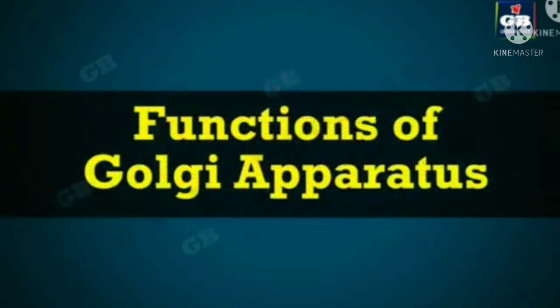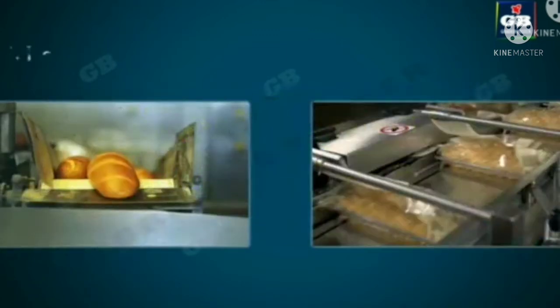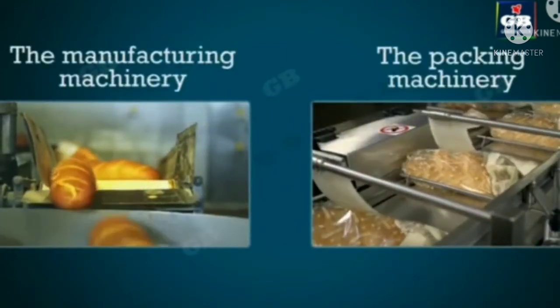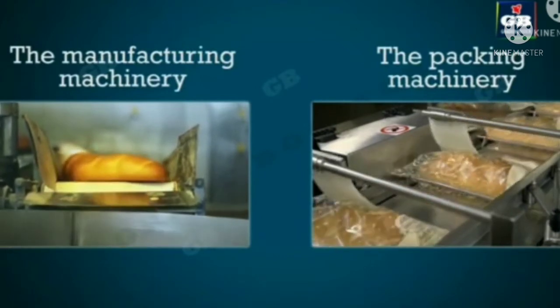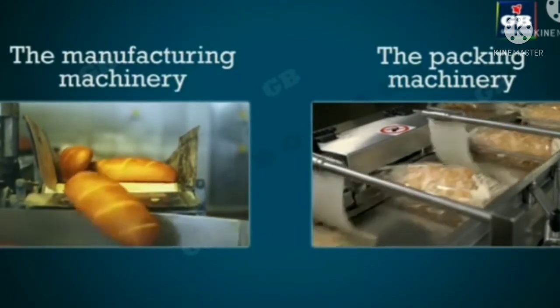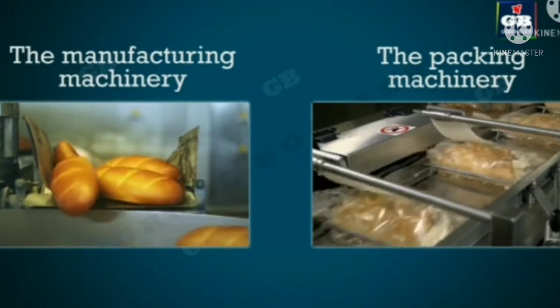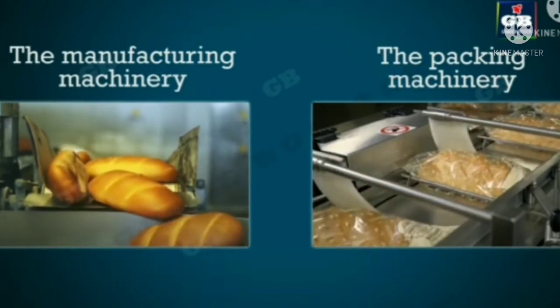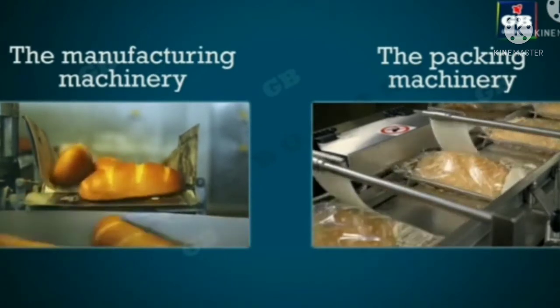Now let us see the functions of the Golgi apparatus. In a factory, the machines that manufacture the items and the machines that pack the items are different. Once the items are made, they are sent for packing and dispatch.